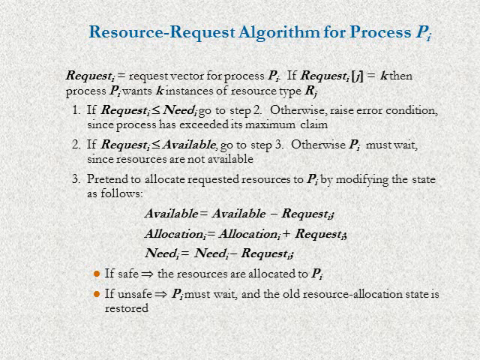However, if we could not find a sequence through the safety algorithm, the system may not be in the safe state, then we decline this particular request, and we keep on finding a sequence through the safety algorithm until we have a safe sequence where the system will remain in the safe state.